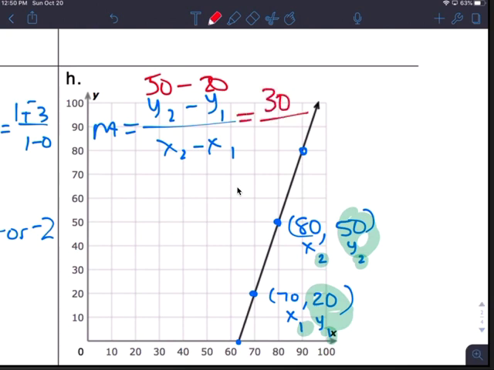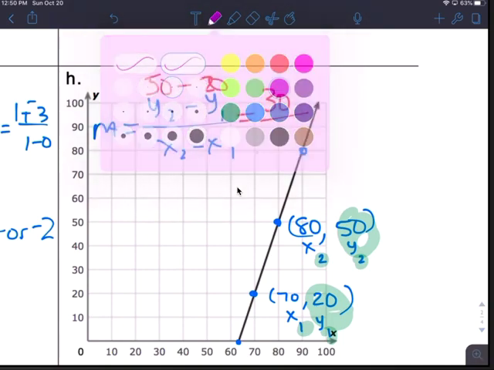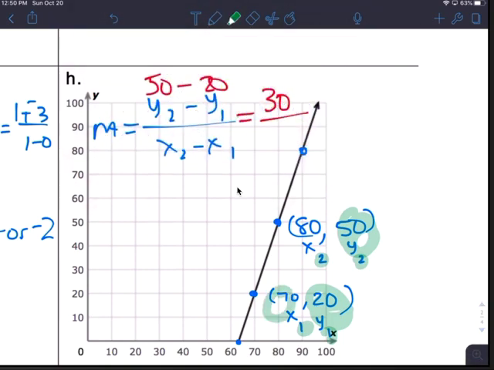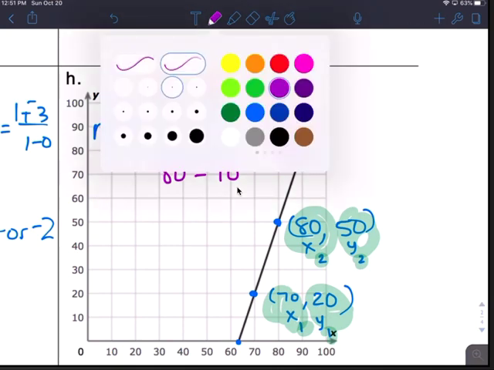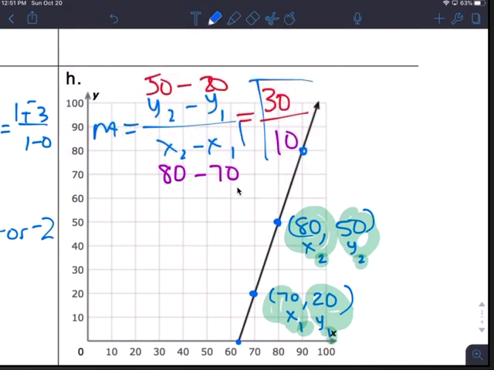X sub 2 is 80. X sub 2 first. If you put X sub 1 first, you'll get it wrong. Minus 70, X sub 1, which is 10. Reduce that. That means you can divide both of them by 10. This is 3 over 1.